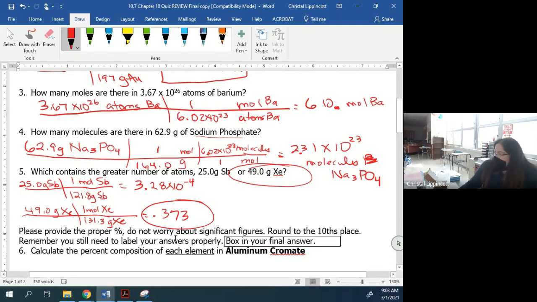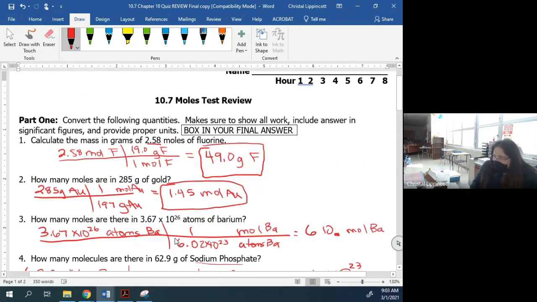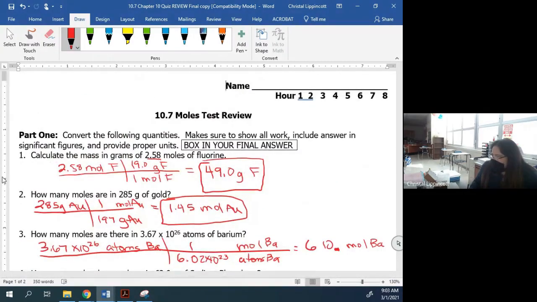Okay, and I do need you to show work. Okay, so here I didn't show it all the way out to the atoms, and that's okay. I was able to get enough information to be able to get my answer, but I do need to see some sort of work, mental math. Okay, you don't have to use all of this, like, everything labeled properly in this section. I need to see it labeled properly over here for your final answer.